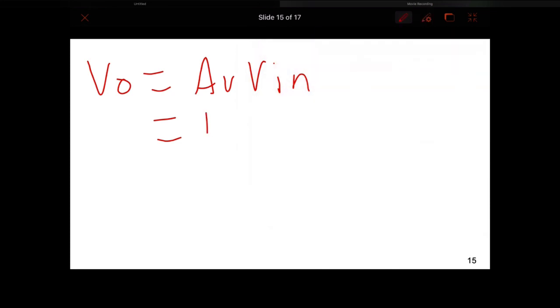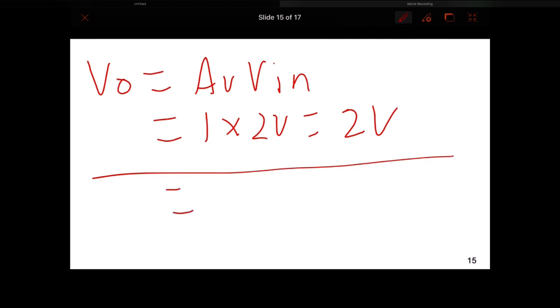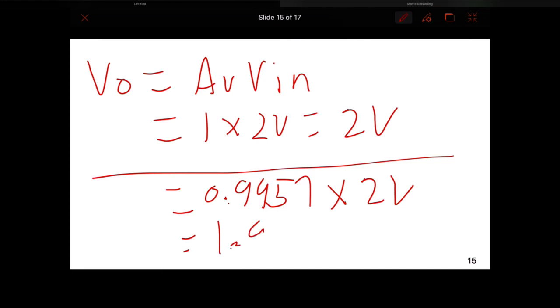AV is 1 times 2 volts. In actual fact, it's going to be 0.9957 times 2 volts, which is 1.99. So it's a very, very slight attenuation, but anyway, that's the output. This is the exact and this is the approximation, but they're virtually the same anyway.